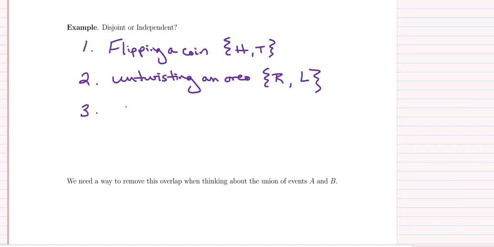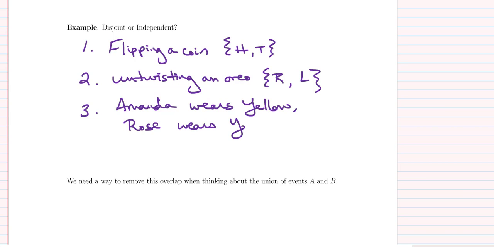And then 3rd, let's say Amanda, your stats teacher, wears yellow. So this is one event. And let's say Rose wears yellow. Alright, independent or disjoint? Take a minute to figure it out.